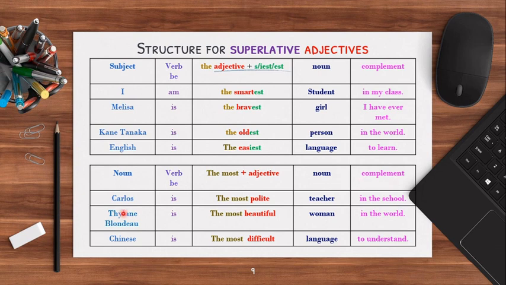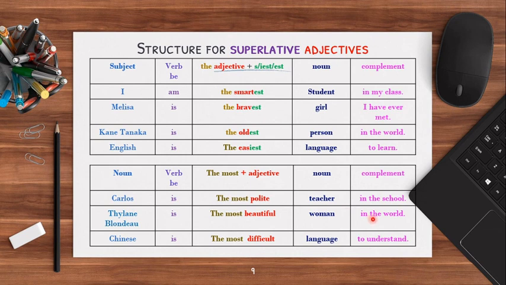Or the additional information. So we have Carlos is the most polite teacher in the school. So polite teacher, it can be the most polite person, a student, a worker, it can be anything. So we have Thylane Blondeau is the most beautiful woman in the world.